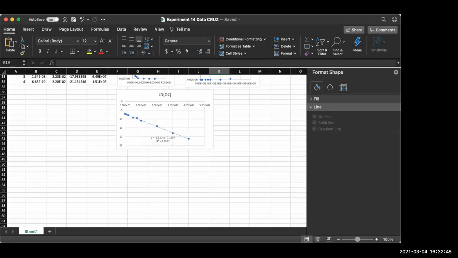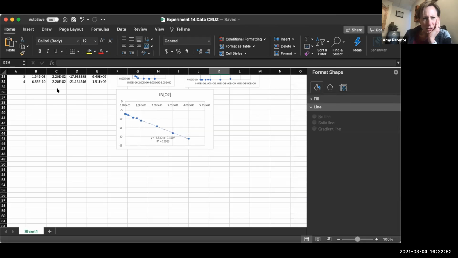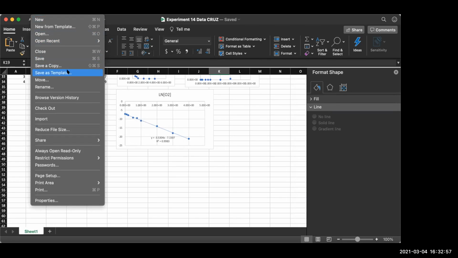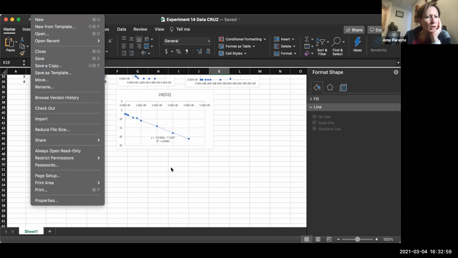Well, Gabrielle, why don't you try sharing your screen if you don't mind? And then I'll see if I can see something in there. I think it's this. All right. So I have the file, and there's save a copy or save as template, but what if you do save a copy?